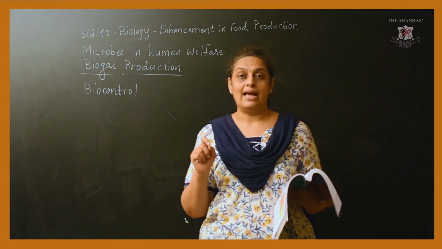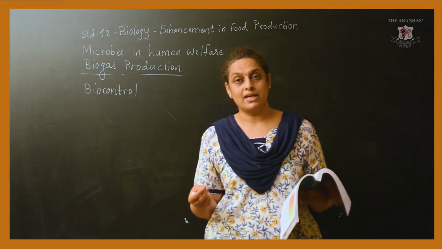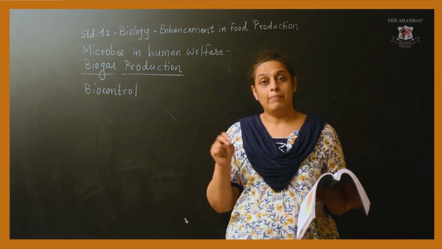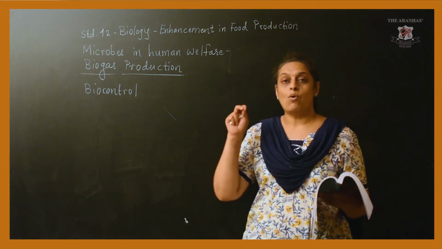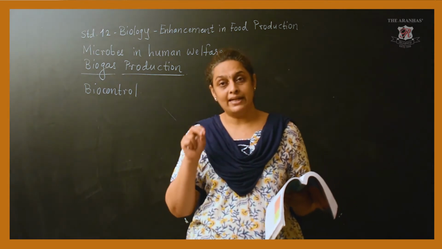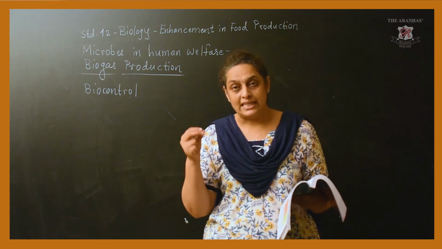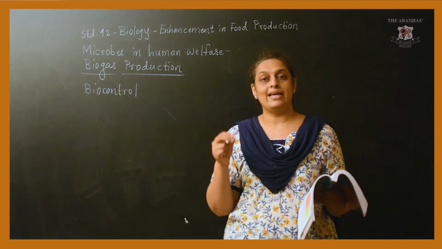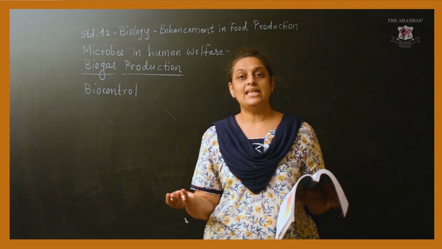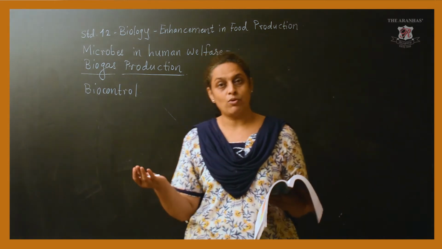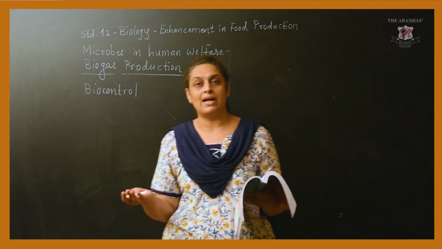Now you know that in agriculture a variety of crops are cultivated, but crops are often infected by microorganisms, insects, larvae, etc. And these infections are responsible for causing a lot of damage to crop plants.